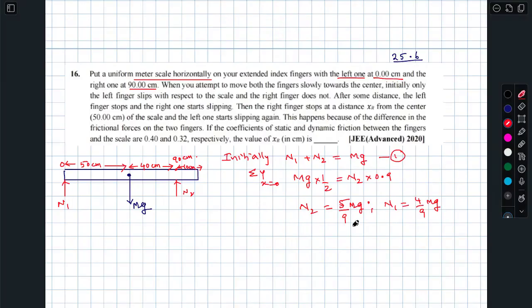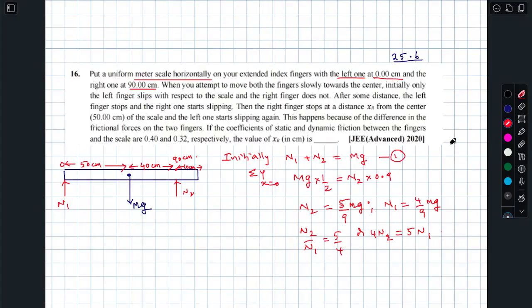So very clear, the ratio they are bearing is N2 by N1 is 5 by 4, or 4N2 is 5N1. That's the ratio that they were bearing.